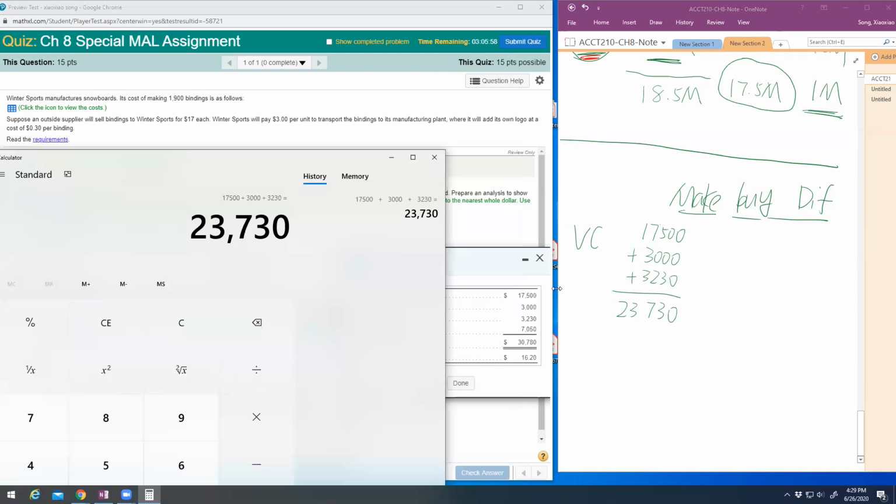But we also remember, if you make, you have direct labor, direct material, and then variable manufacturing overhead. If you buy, what is the total cost you will have? If you buy, purchase cost is $17 each, and we are purchasing 1,900.